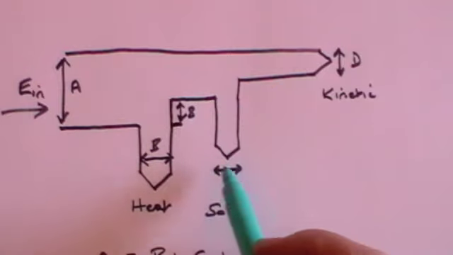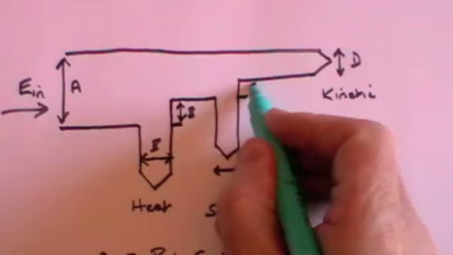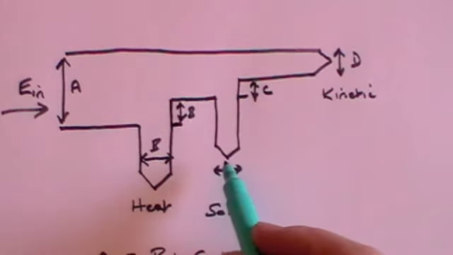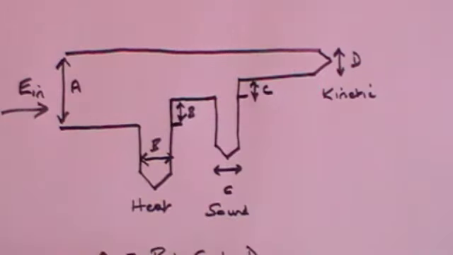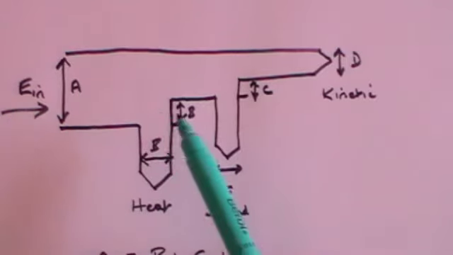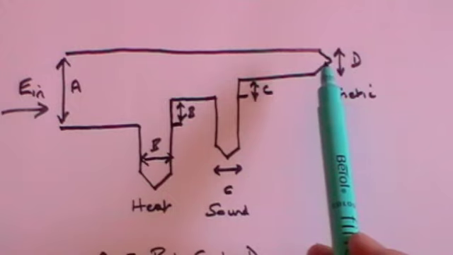And then you've got another outlet here which is wasted, and so the difference between these two distances here will be C, to reflect the fact that C has been wasted. And then what you've got left is a width D. And that's called a Sankey diagram. It's just a way of showing energy input and then the wasted outputs and the actual required outputs.